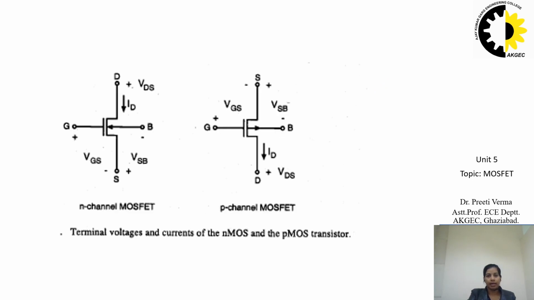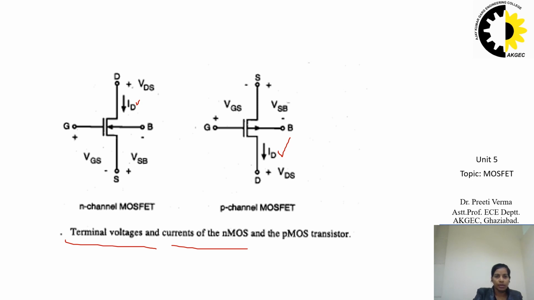This is the diagram that is representing the terminal voltages and the currents of the NMOS and PMOS transistors. So these are the two symbols. The first one is for an n-channel MOSFET and the second is for a p-channel MOSFET. Here different voltages and currents are represented. We can see the current flowing into the drain terminal is ID, and in the PMOS also we have ID current, but in the PMOS transistor it is flowing out of the drain terminal.